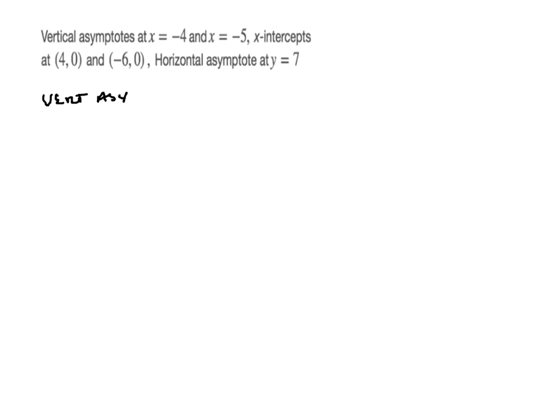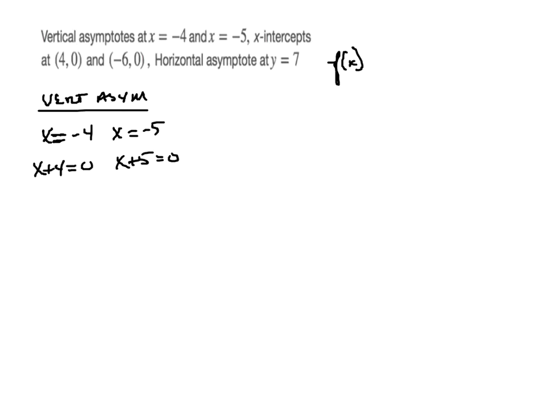All right, this one's actually easier because they give us all the information we need. Okay, so I have vertical asymptotes at x equals -4 and x equals -5. So that came from x plus 4 equals 0, x plus 5 equals 0.